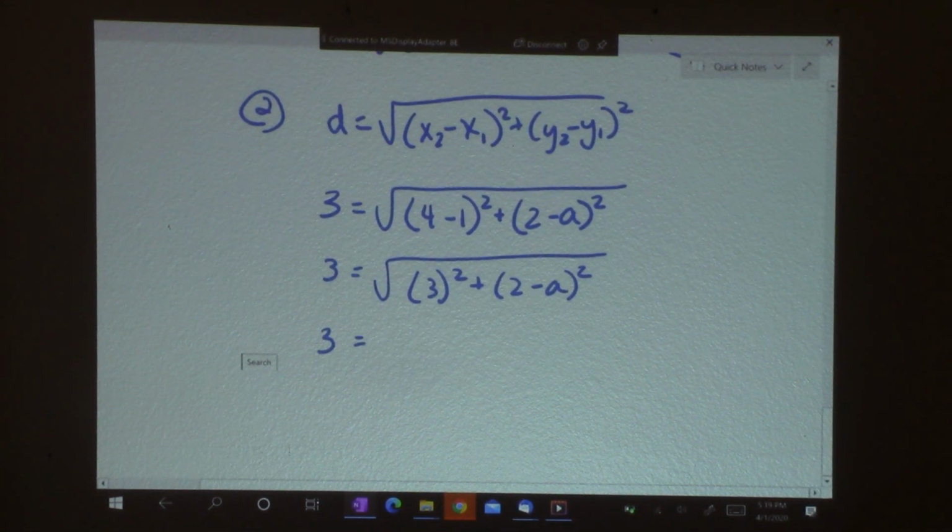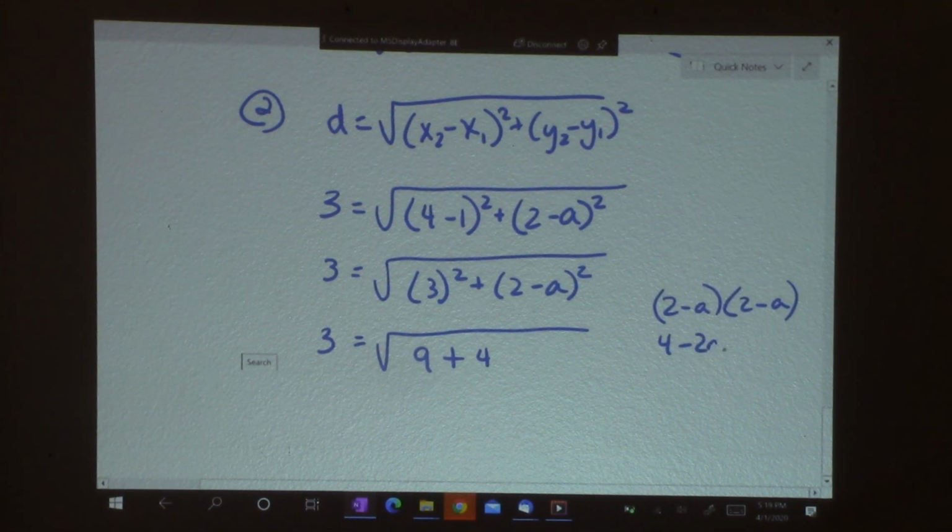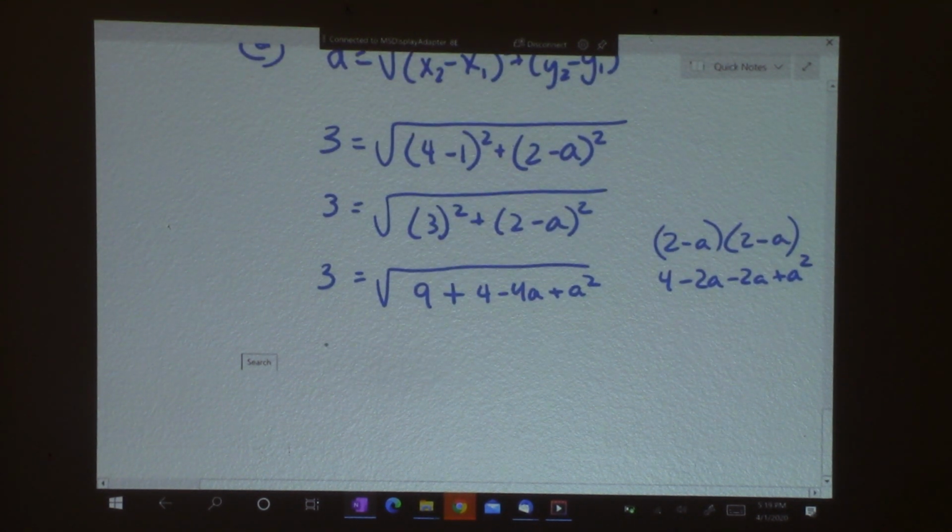So I've got 3 equals the square root of 9 plus, now if I work this out, 2 minus a, 2 minus a, I get 4 minus 2a plus a squared. So I get 4 minus 4a plus a squared. So now I'm going to add 13 minus 4a plus a squared.